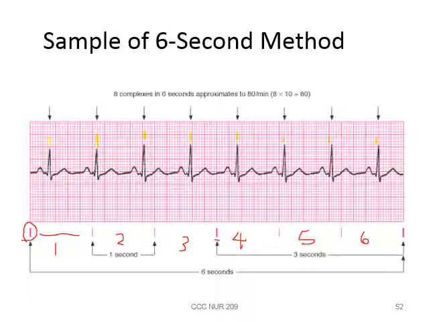So we have 8 QRS complexes in a 6-second strip. So basically 8 complexes in a 6-second strip gives us a rate of 80.